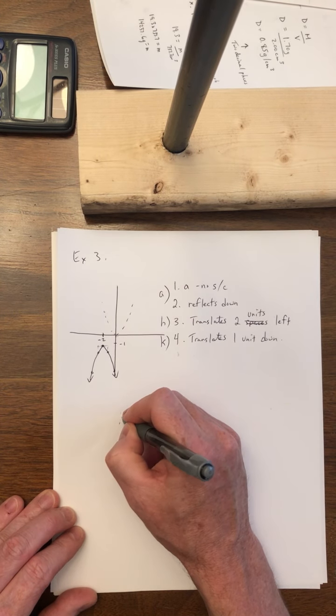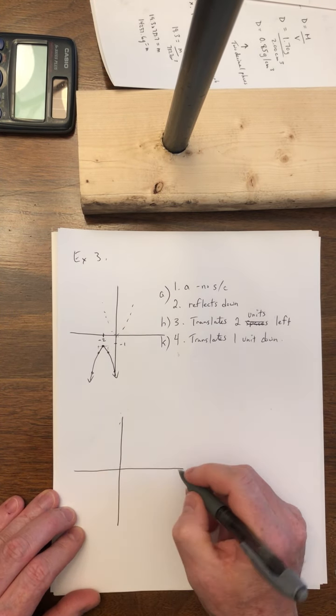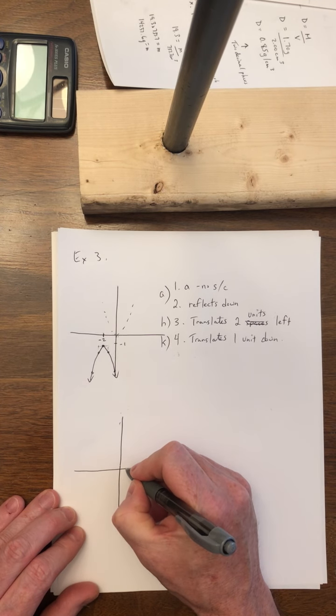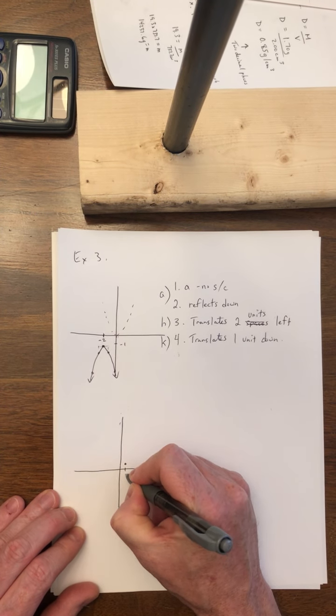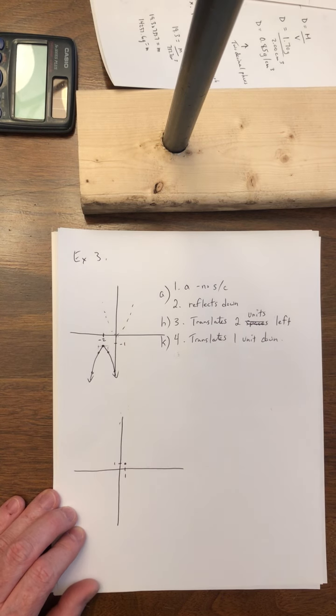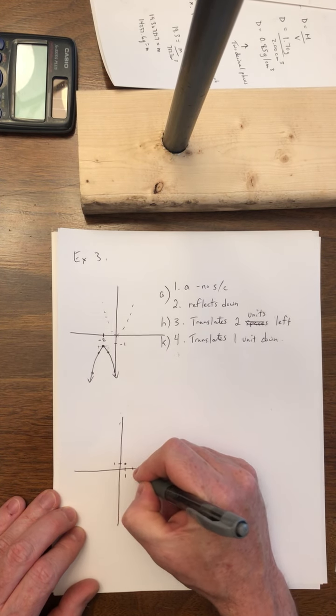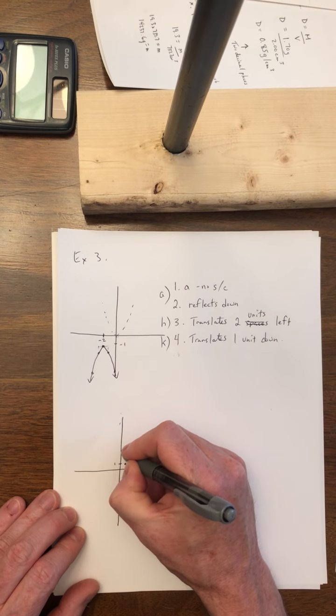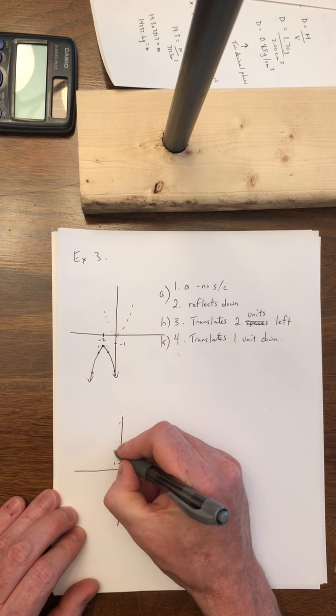Let's try that again with another example here. So let's say this is at 1, 1. And 2, 3.